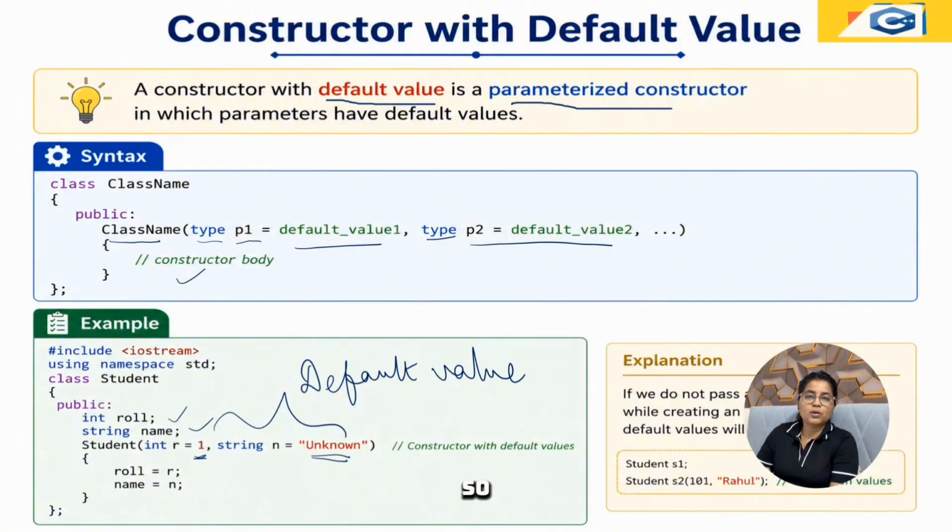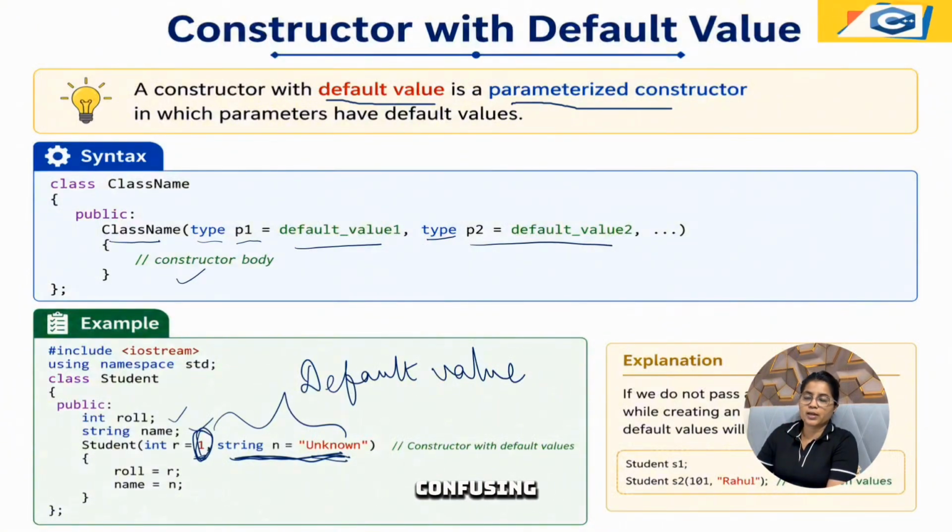It is not mandatory to give default values to all the parameters. Only one parameter also you can give a default value. But we need to keep in mind when I am giving a default value to a parameter, it has to be the last parameter.